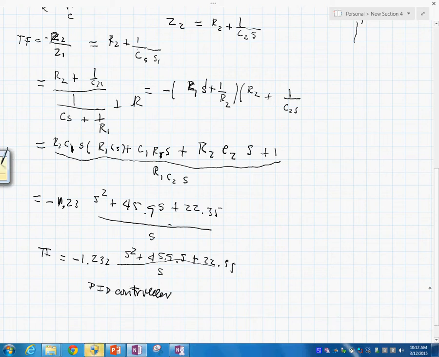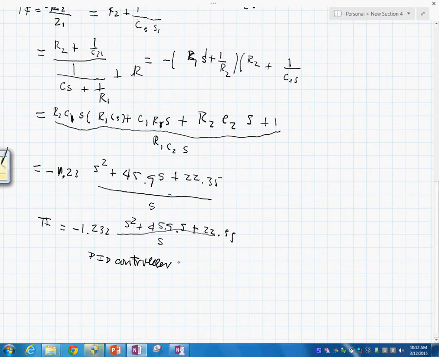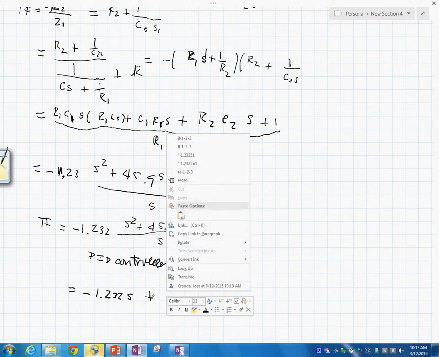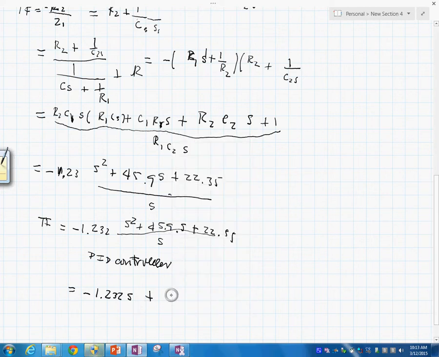Now, I think you may challenge me and say, well, how come that is a PID control? If you multiply the factors, you're going to have minus 1.232 S, right? And then you will have plus 1.432.